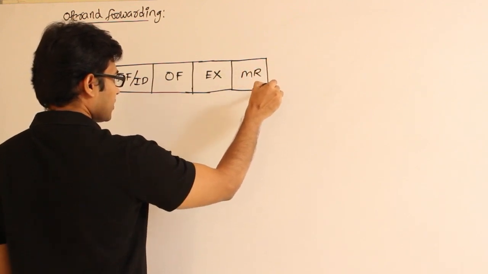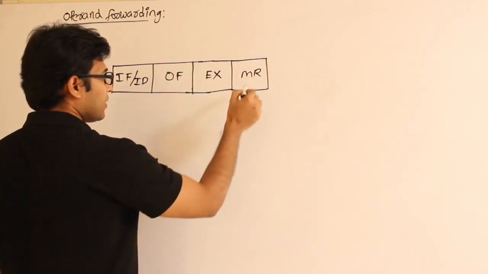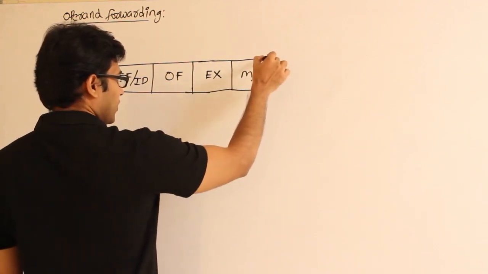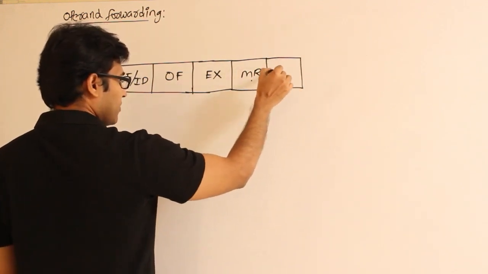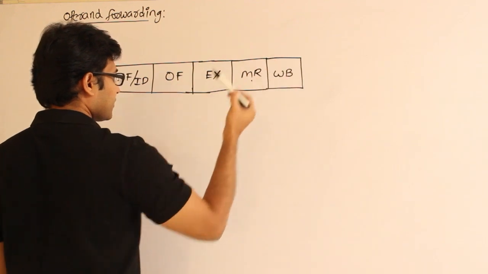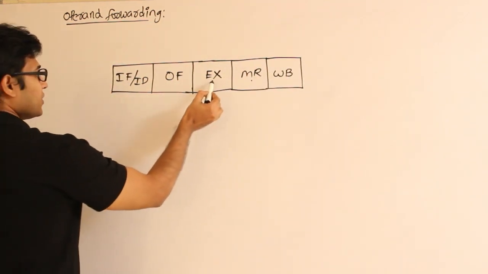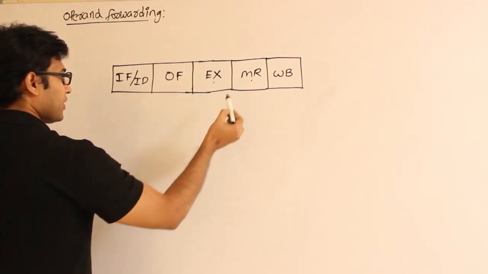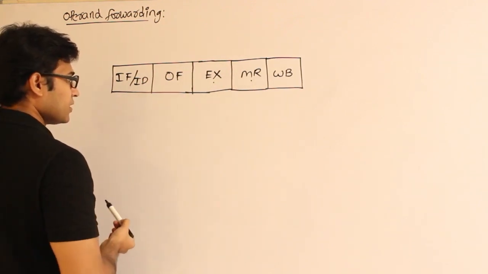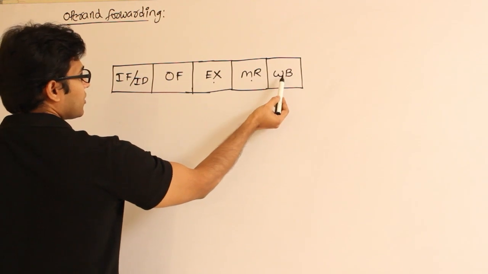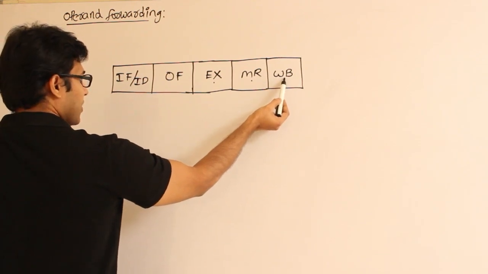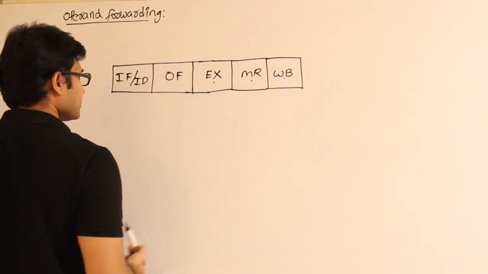So memory reference means either reading from memory or writing to the memory, that will be executed here. And finally, write back. So write back is the phase where whatever is computed either during this execution phase or whatever is being read during this memory read phase, they all will be written back into the register file during this phase.